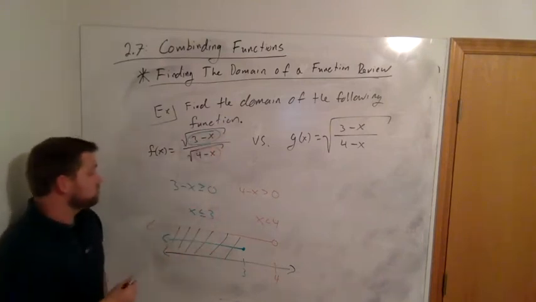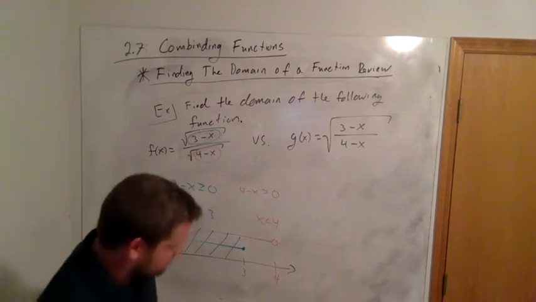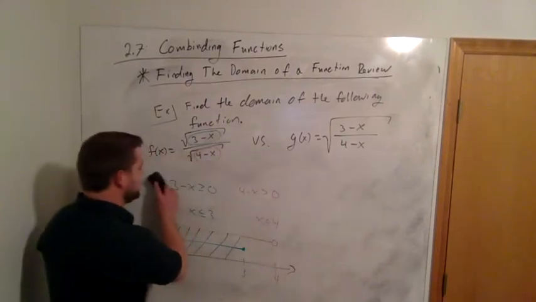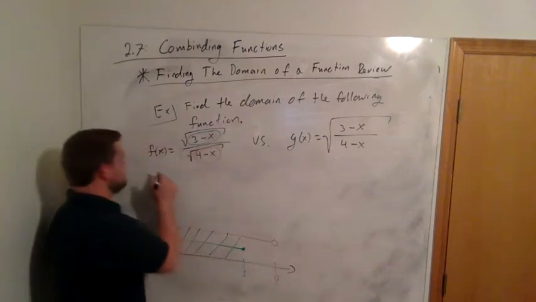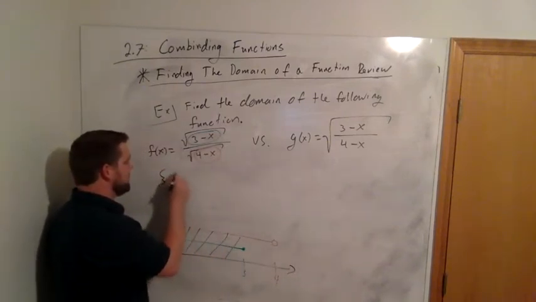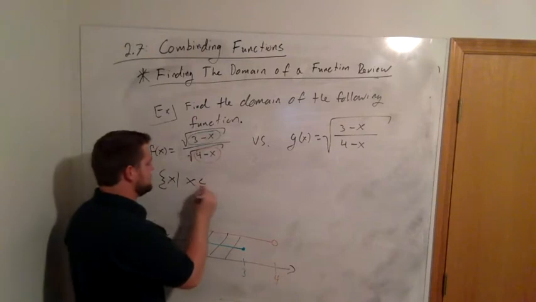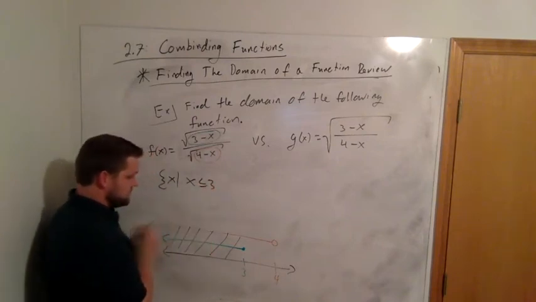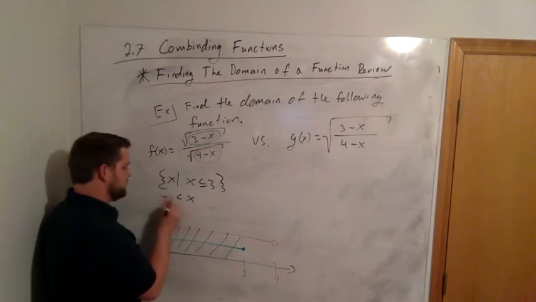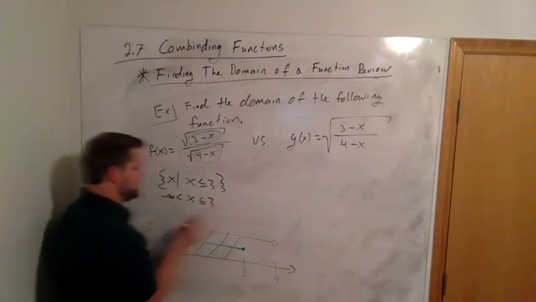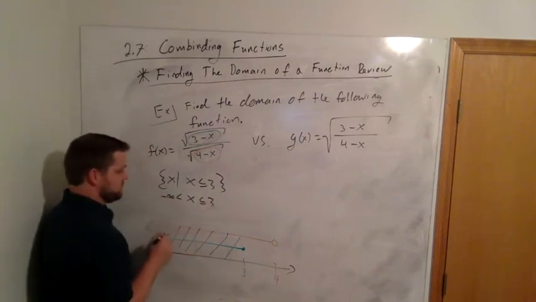Okay, so if I were to write this in our domain notation, let's go ahead and do that. What I would want to tell the reader is all x such that x is less than or equal to 3, and that's it. Or I could tell the reader that x could be between negative infinity and 3, not including negative infinity, including 3.